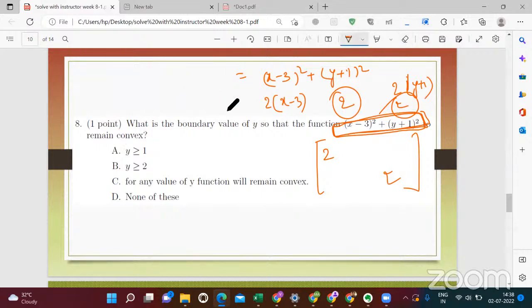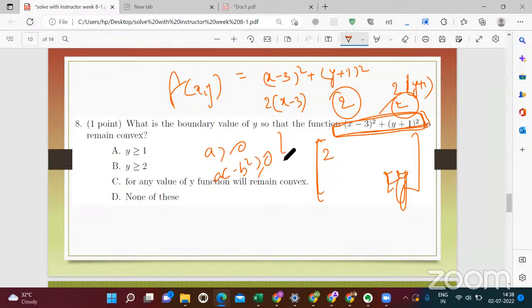You have some function in the form of f(x,y), and you need to see whether this function is convex. If you would have got 2y, then you can apply some inequality to check. If you have a 2 cross 2 matrix, you can see whether a is positive, and then the condition AC minus b squared should be greater than or equal to 0. This was the equation to see whether the function is PSD or not.